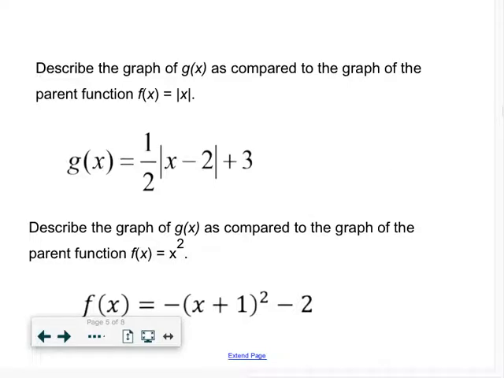So I'm going to put you to a challenge here in your small groups. Can you look at the two equations on the screen right now and tell me what's happening to the graph? What type of transformations are you seeing? Would I describe it as a translation left, right, up, down?